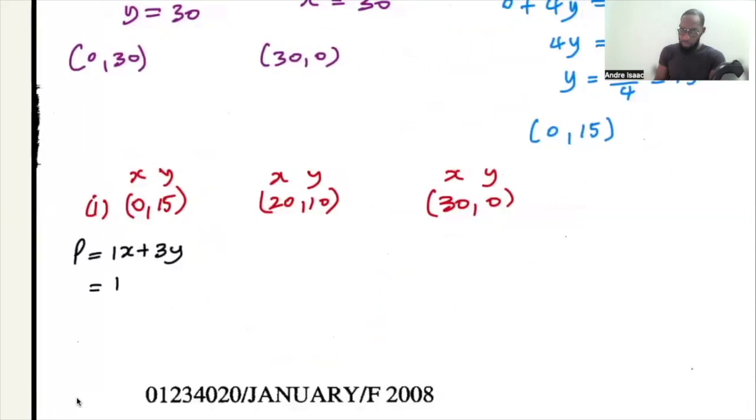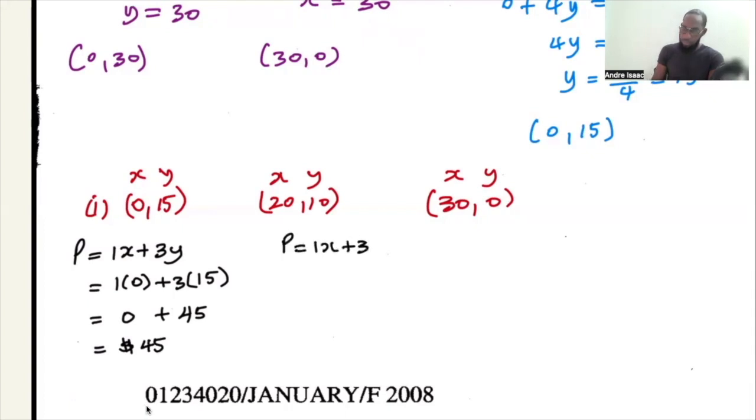So that is, for this one, 1 by 0 plus 3 by 15. Right? So 1 by 0 is 0, 3 by 15, 5 3s are 15, 1 3 is 3, and 1 is 4. So this is $45. Now this one here, P is 1x plus 3y, 1 by 20 plus 3 by 10.